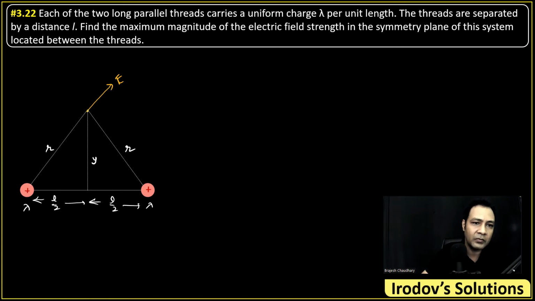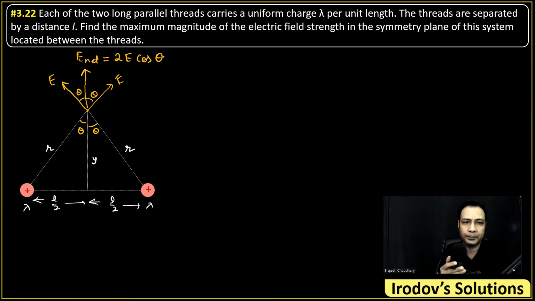Because of the other wire, the magnitude is also E, and by symmetry the distance is r for both. If this angle is theta, so is the other angle, and their vector sum is along the line. The cos theta components add up and the sine theta components cancel. So the net electric field is 2E cos theta.